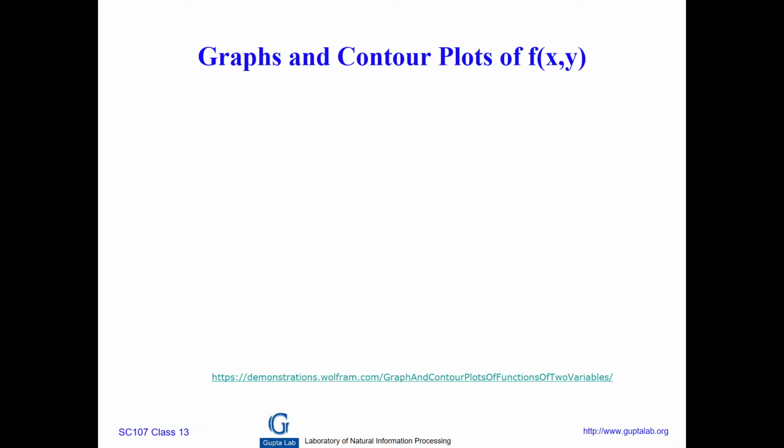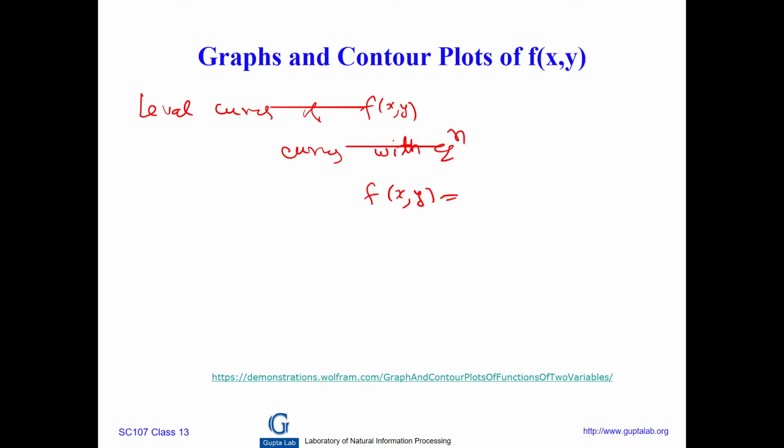Anyway, I should mention what are called level curves of a function of 2 variables f of x comma y: curves with equation f of x comma y is equal to k, where k is a constant.